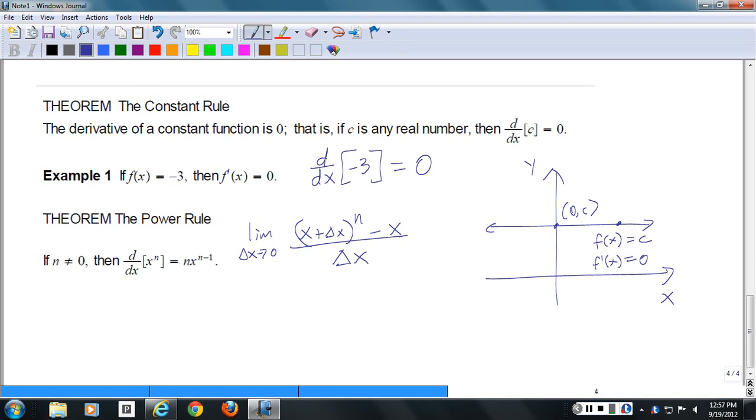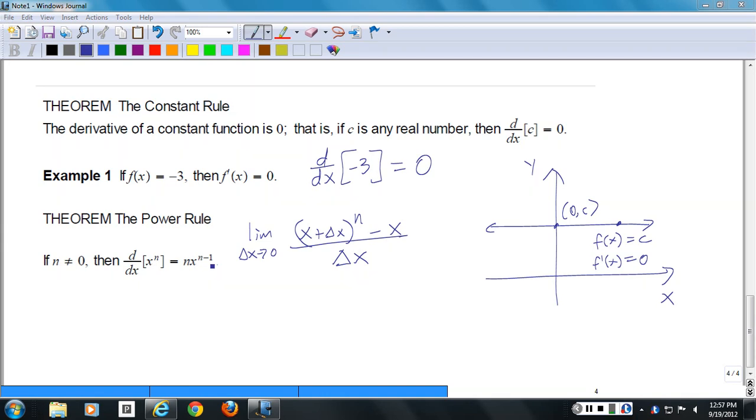If n equals 2, we know how to square x plus delta x, but if n equals 3, if n equals 4, then we're looking at x plus delta x times x plus delta x times x plus delta x times x plus delta x. It's a mess, but we know you can use the binomial theorem, and it is used in the proof of this. Make a long story short, when you take the appropriate limit, you get n times x to the n minus 1.